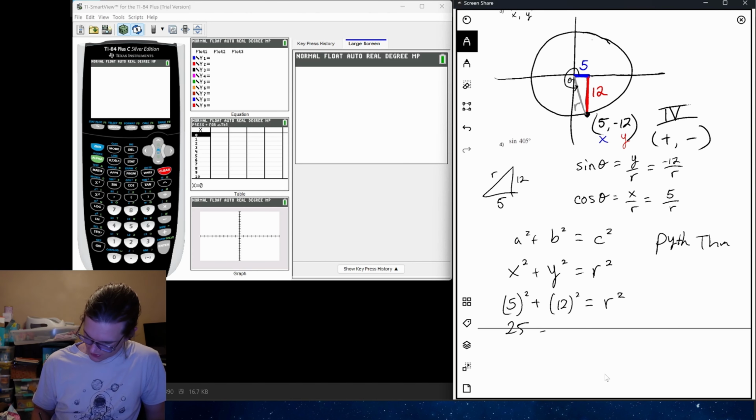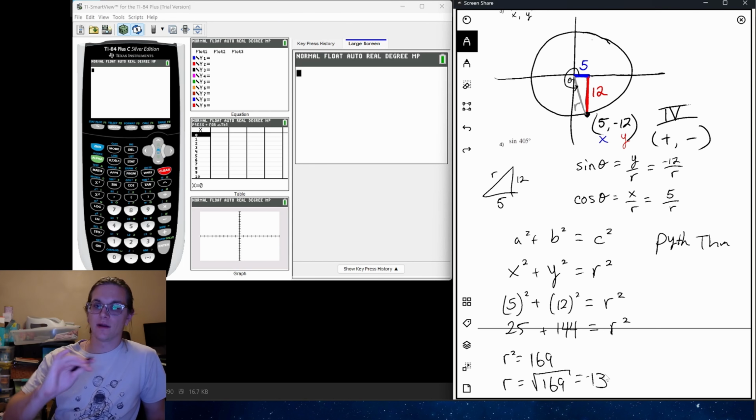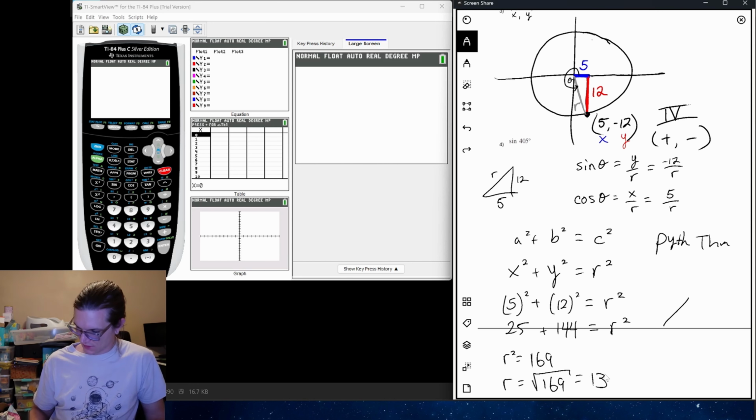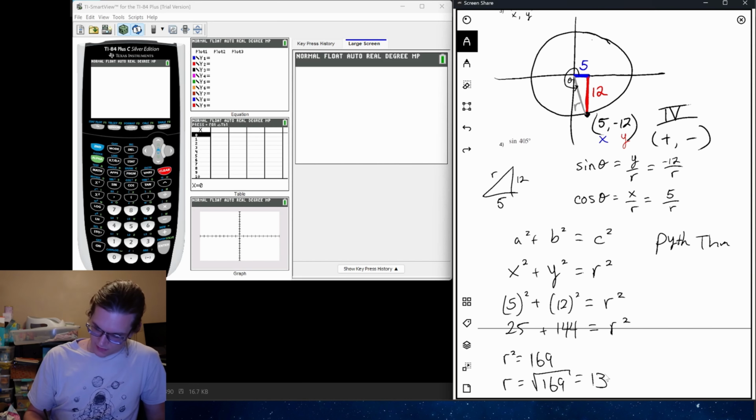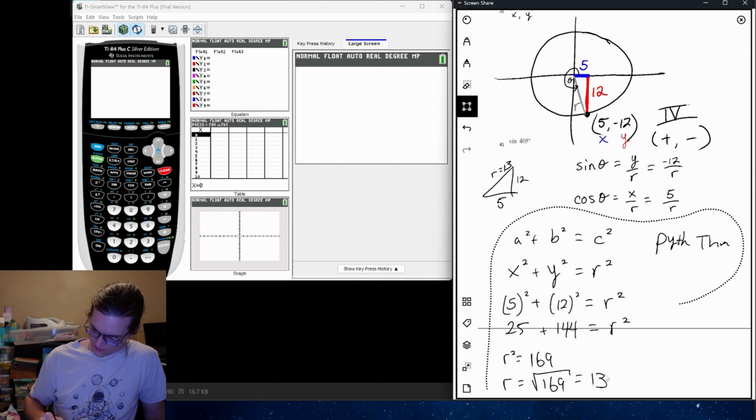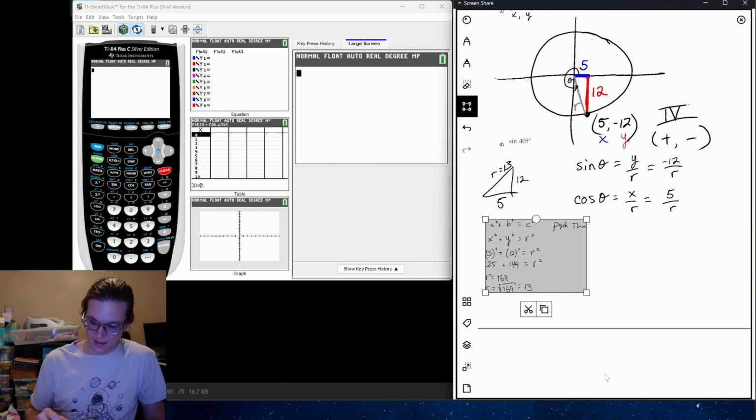This is 25. This is 144. So r squared equals 169. Then r must equal the square root of 169, which is 13. You say plus or minus, but now we're working with distances of real objects like a line in a triangle. So r is 13.